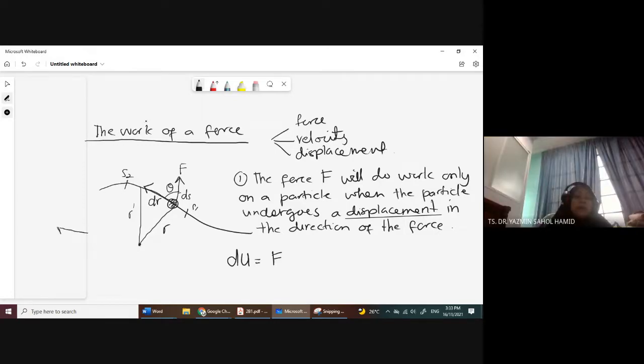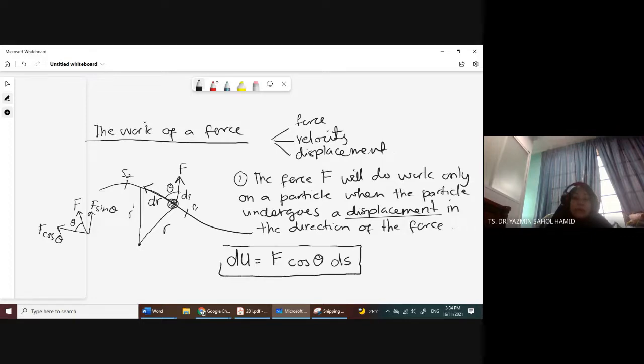Remember, let's say this is your F, and if this is your theta, if you resolve in this direction, it will be F cos theta here, and this one will be F sin theta. But right now, your force must be in the direction of the displacement. So your formula is F cos theta, and you must multiply by ds, the distance of it moving from one position to the other position. So this is the important formula.